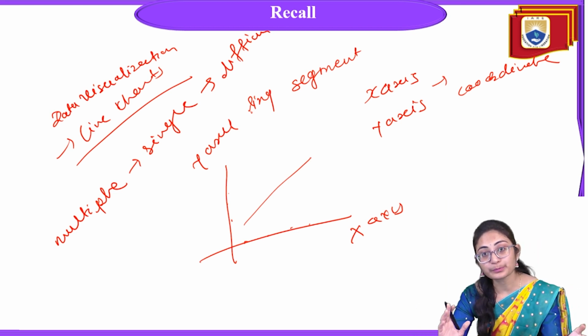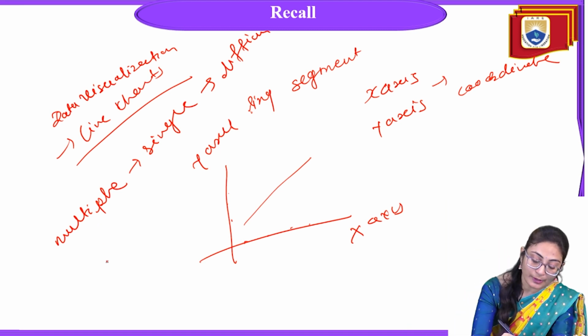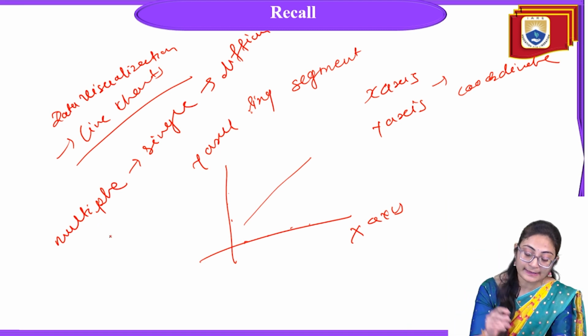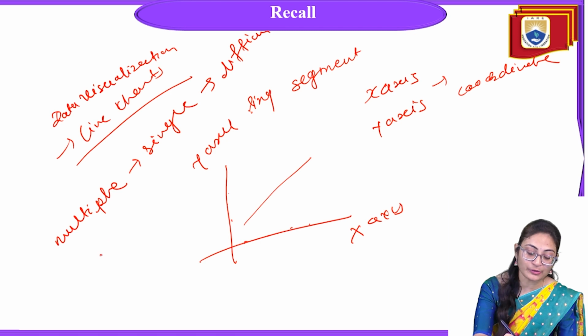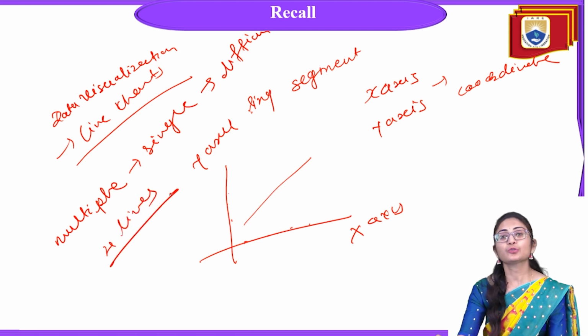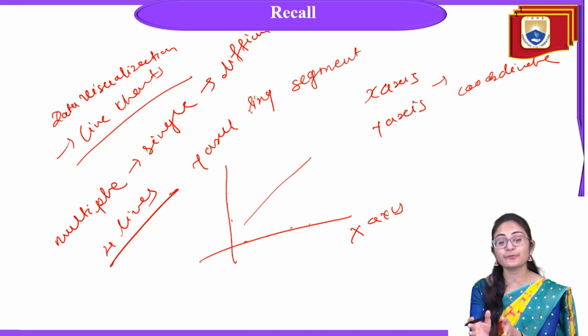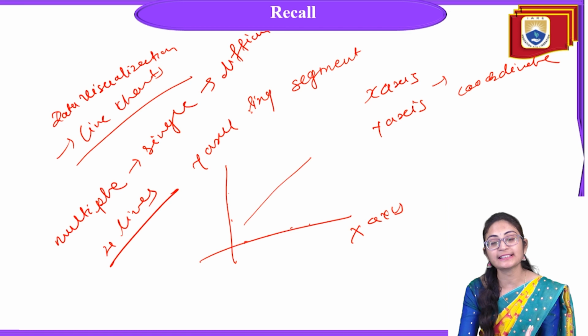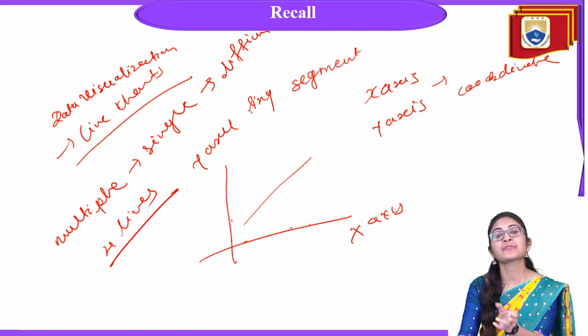So most of the time we use only a few lines, a maximum of 4 lines in a graph, so it is easy for the user to understand the data and analyze the pattern.